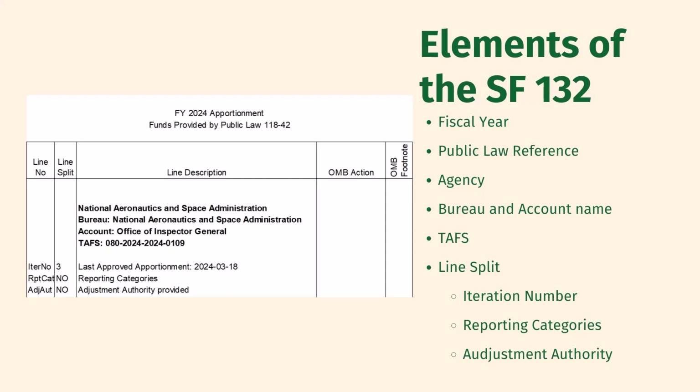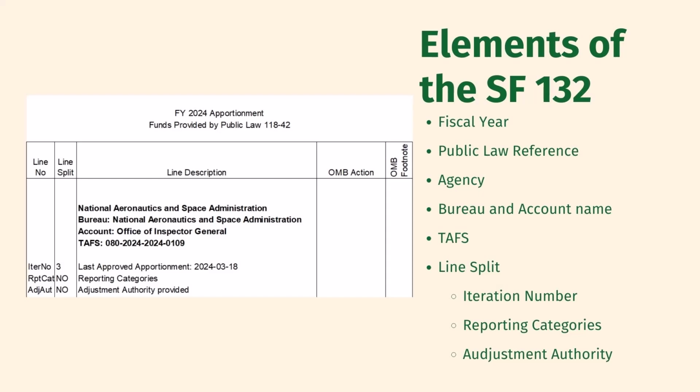The Treasury's Bureau of Fiscal Service assigns these codes to track different funding purposes. So a no-year fund TAFS would look like this: 080-0109 / X, where the X indicates these funds are no-year funds and do not expire.